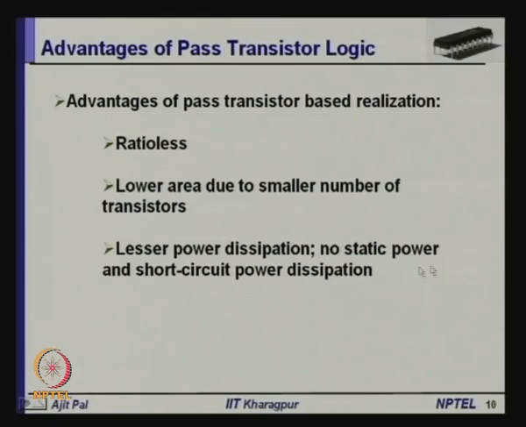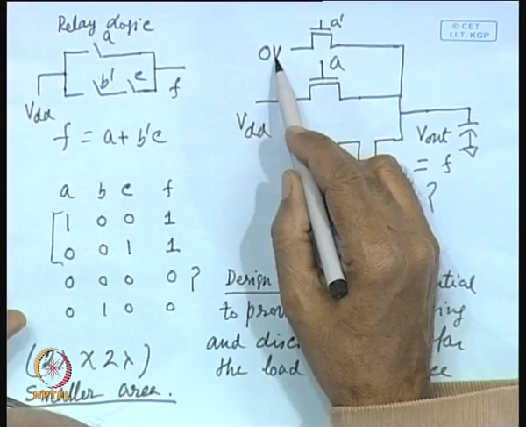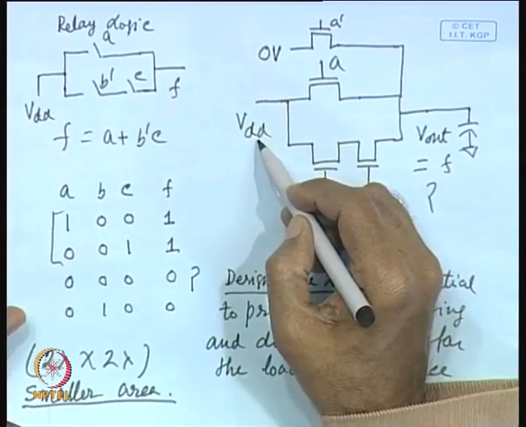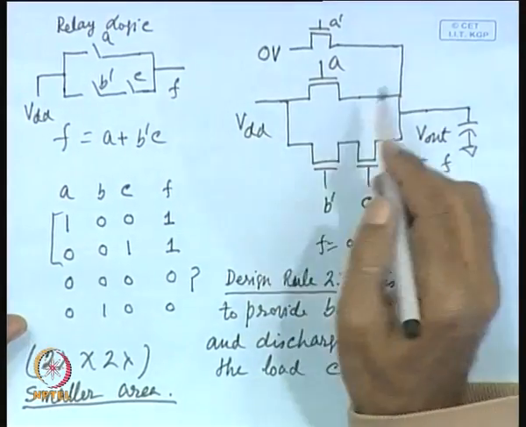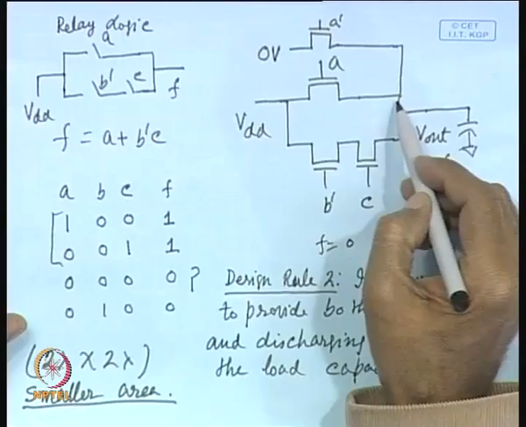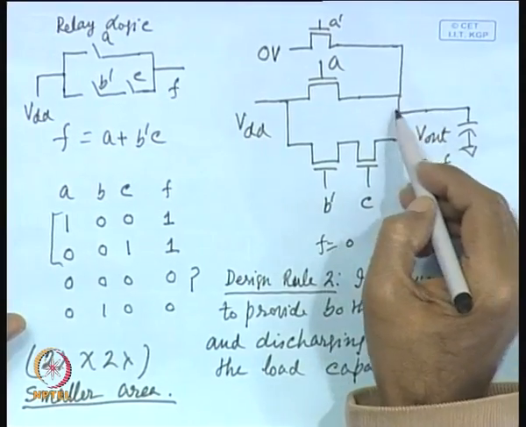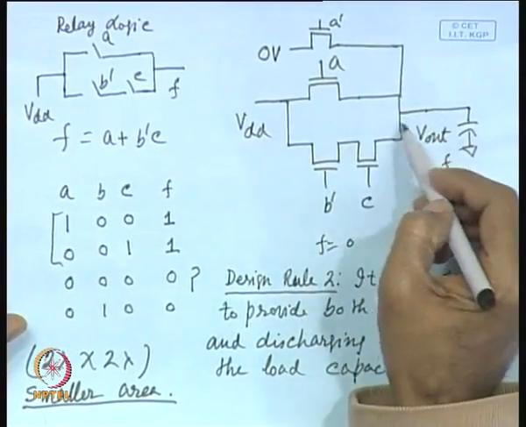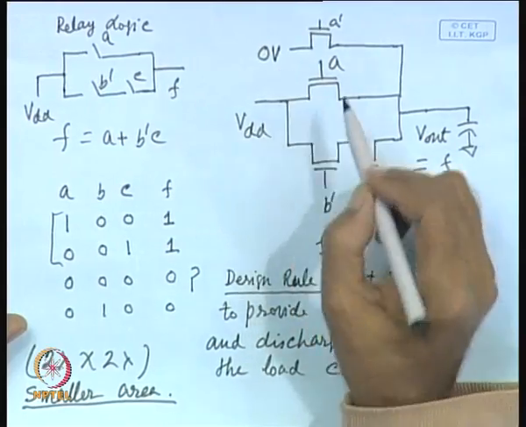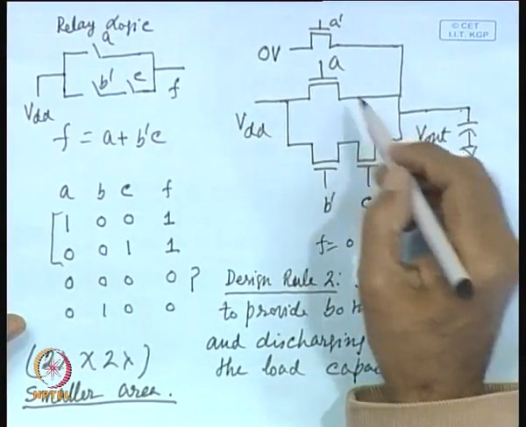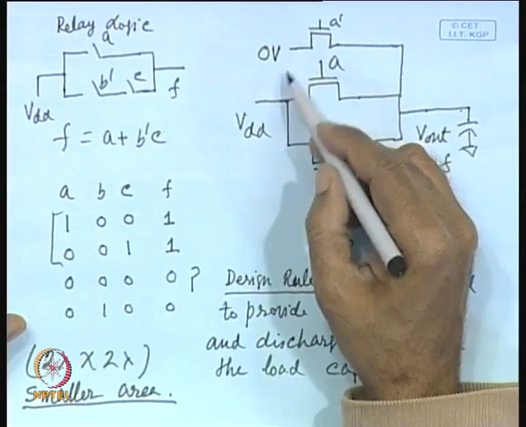There is no static power dissipation and short circuit power dissipation. As we have seen here, although we are having a path to 0 volt, a path to VDD, only one of the two paths will be closed. That means, either there will be a path to 0 or there will be a path to VDD. There will be no path to the output simultaneously to 0 and VDD.